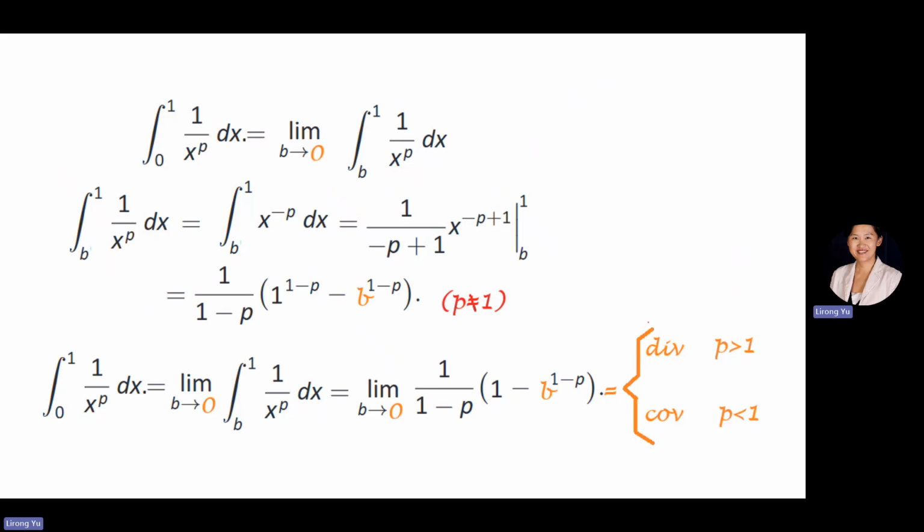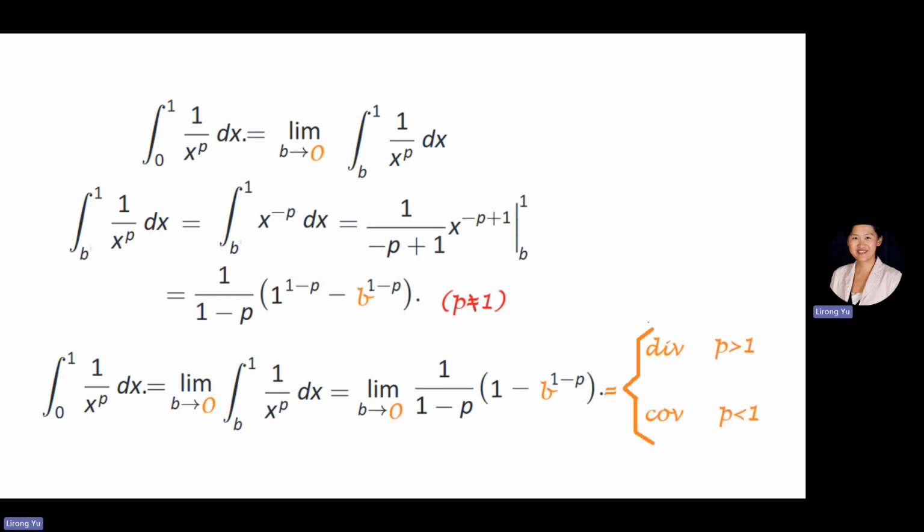So you can see the power of b, the 1 minus p power, really affects what value the limit equals, or whether it diverges or converges. That's why we separate them into two cases. If p is bigger than 1, then 1 minus p is negative, and b is in the denominator, so b going to 0 will cause infinity. That's why it diverges.